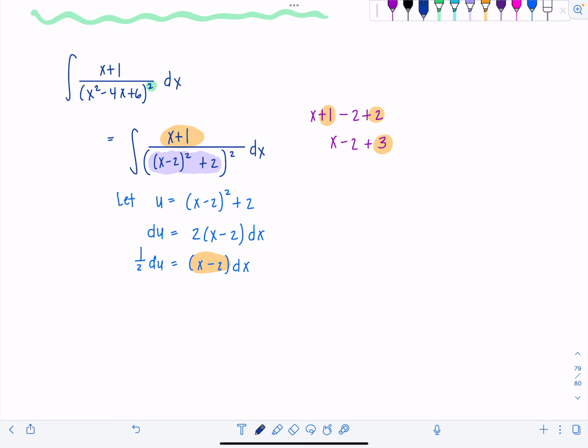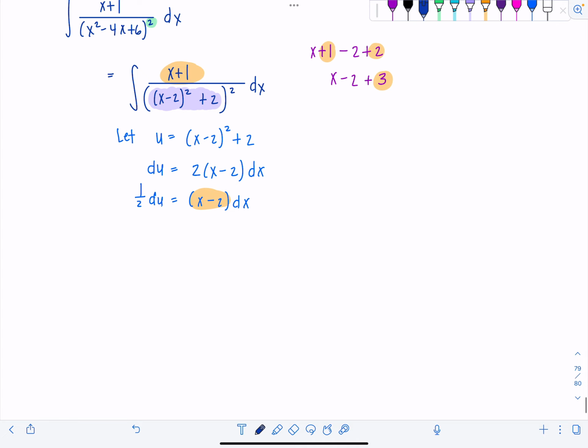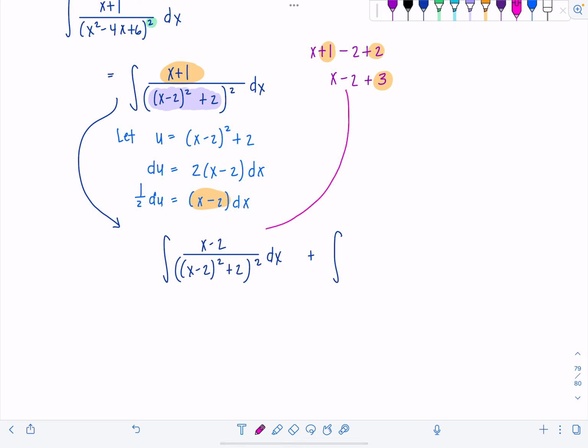So what we're going to do is create 2 integrals from here. One of them is going to have a u sub, and the other one I'm going to tackle later. So let's rewrite this now as the integral of (x minus 2) over ((x minus 2) squared plus 2), all of this squared, dx, plus the integral of 3 over ((x minus 2) squared plus 2) squared dx.